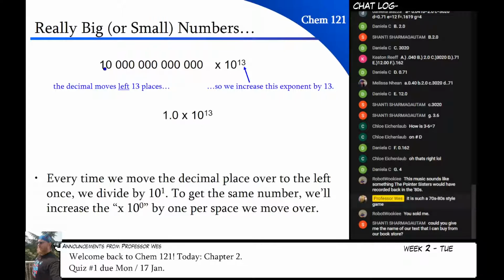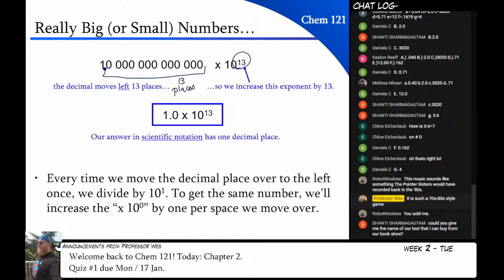So, there should be, in this space right here, 13 places. And that's where this number comes from. Now, this right here says 1 decimal place, but this can be as many as you need.